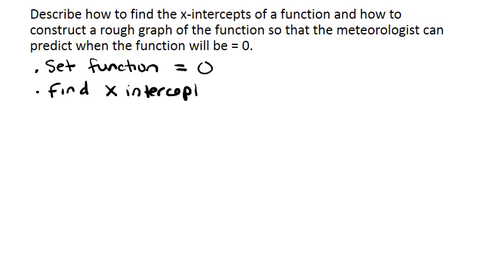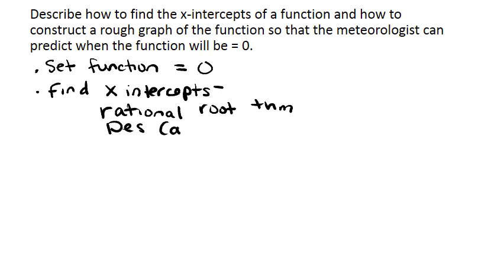So what methods do we have to find x-intercepts? Well, we use the rational root theorem. We use Descartes' rule of signs.